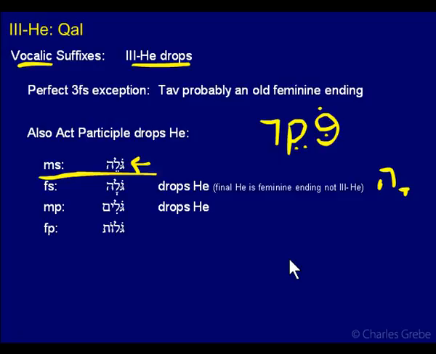Okay, so vocalic suffixes drop hey. No suffixes means you have some sort of, can I cover this up here? You can see under here. Forms with no suffixes have a vowel and some mater, and vocalic suffixes have the third hey dropping out.